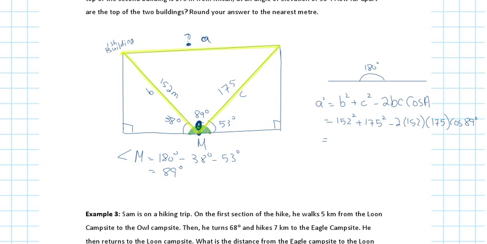And then I got this. So to find A, what do I do? So I have square root. And then I got 200.